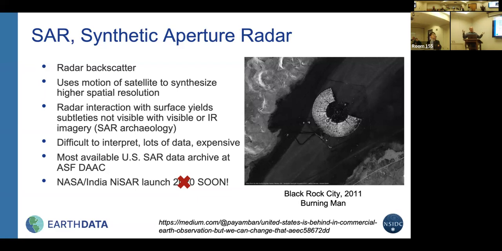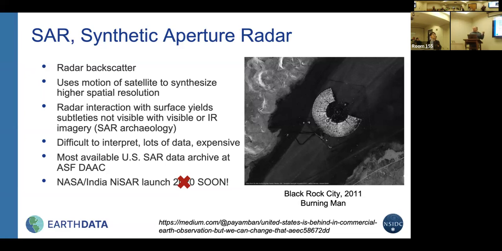The antenna that's collecting the energy helps define and limits the resolution. But with SAR, as the satellite moves along, you're looking back and forward, and you can integrate that together and synthetically create a higher resolution based on the energy collected over time.